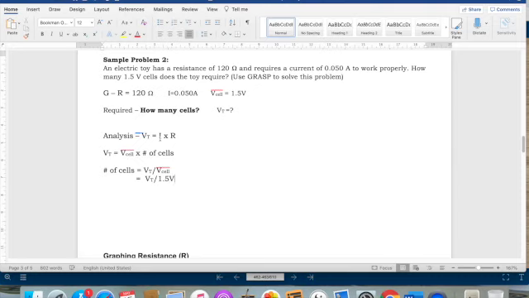So we use this equation to find our total voltage, and then we divide that by 1.5 to find the number of cells.